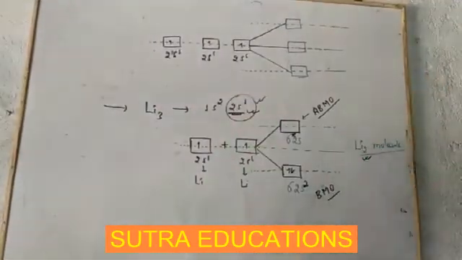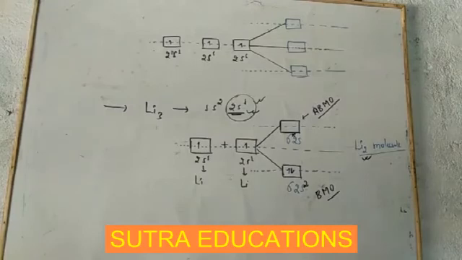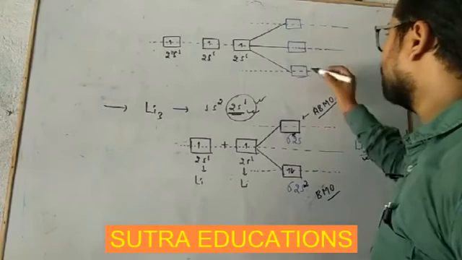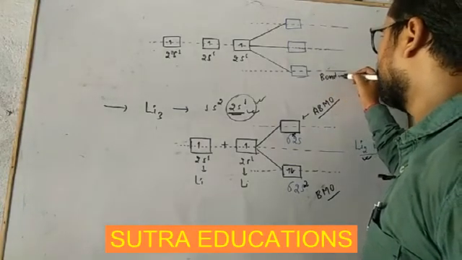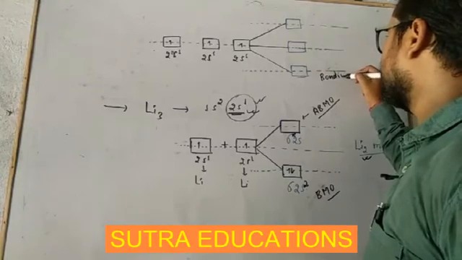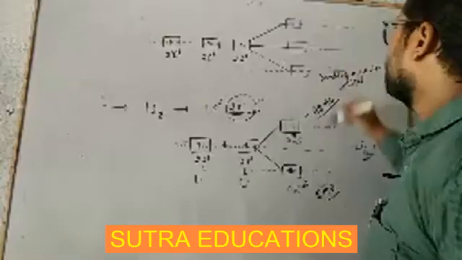I told you three atomic orbitals are participating here to form three molecular orbitals. This one is known as the bonding molecular orbital, which has the least energy.